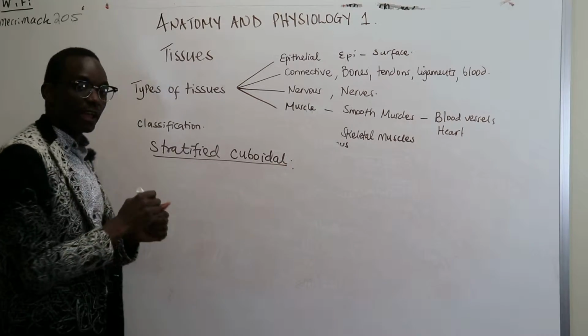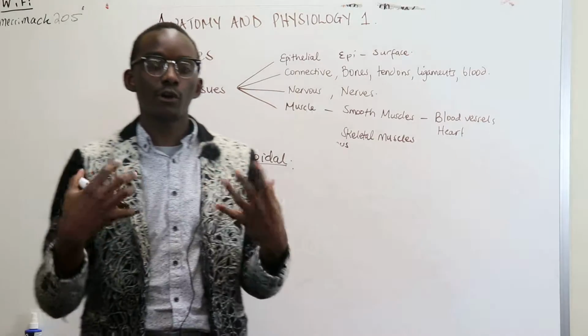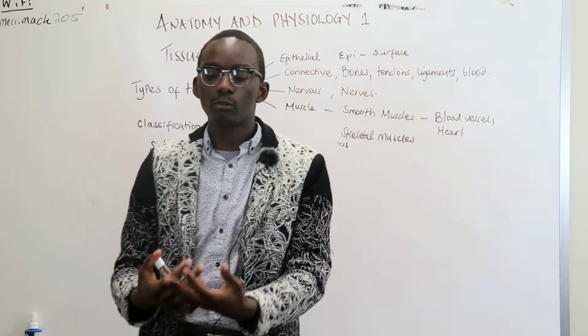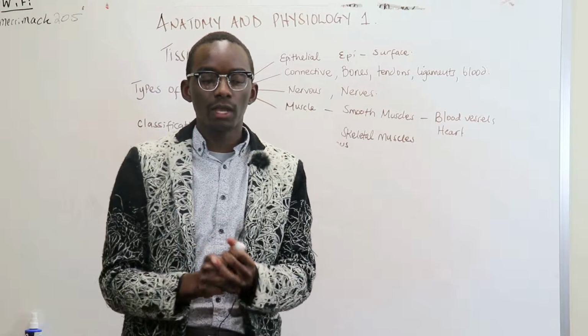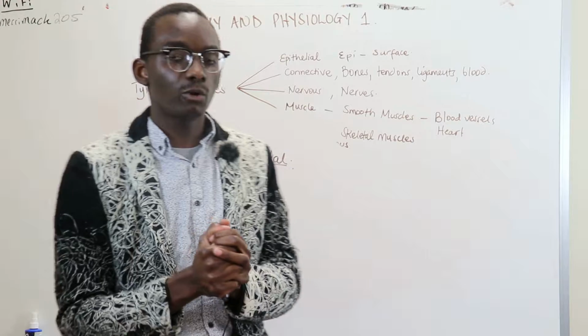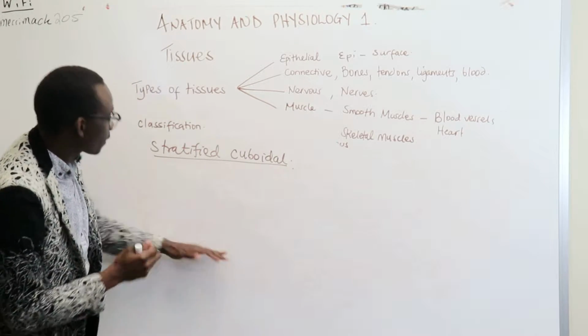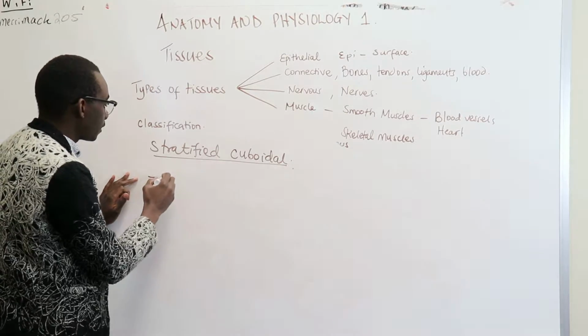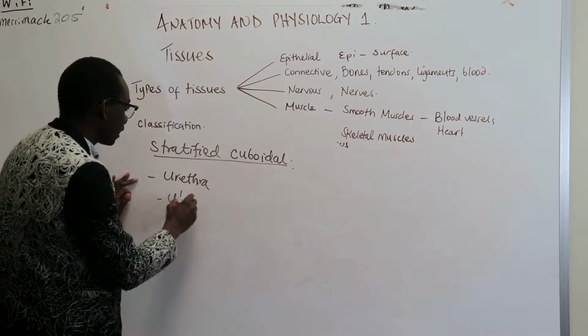So now the stratified cuboidal still, the cuboidals we saw previously, the simple cuboidals, were basically found in the kidney and therefore absorption and secretion. So in this case, it still happens that they will play that role in absorption and secretion, but they are further found down in the kidney, in the urethra and the ureter.